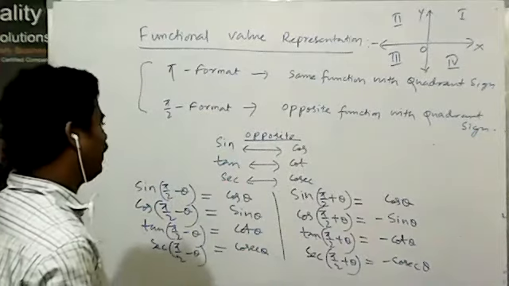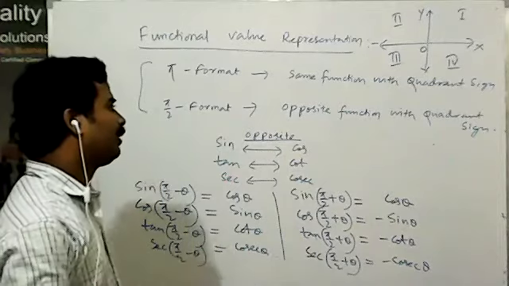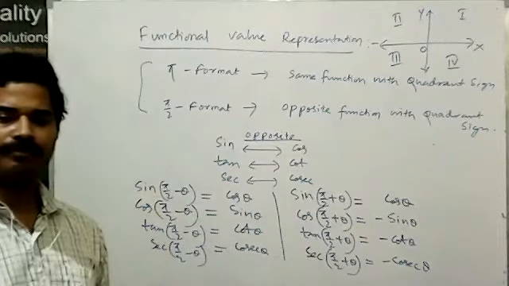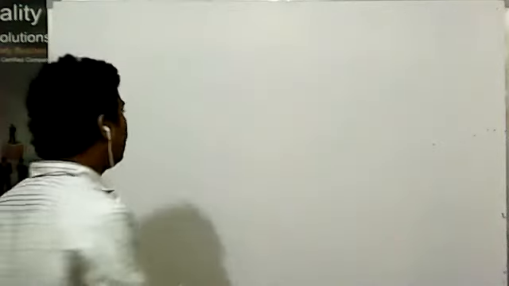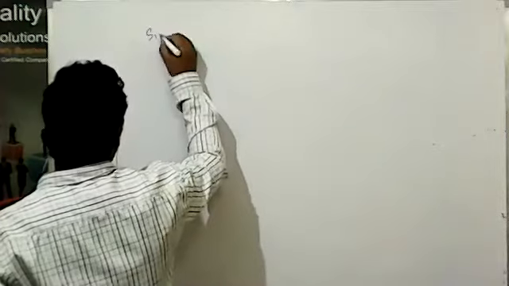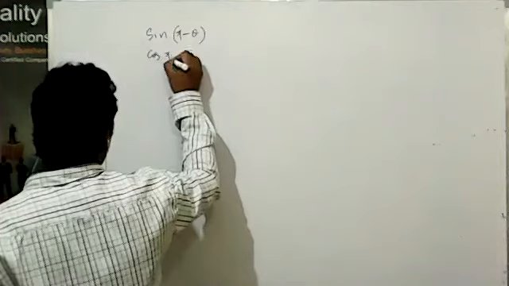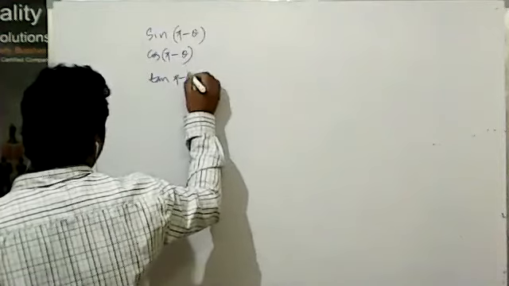Then if you want to find the values in other quadrants, how can we find them? I will tell you. Now here sin of pi minus theta, cos of pi minus theta, tan of pi minus theta.